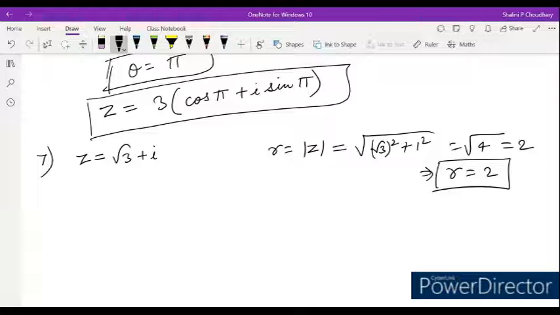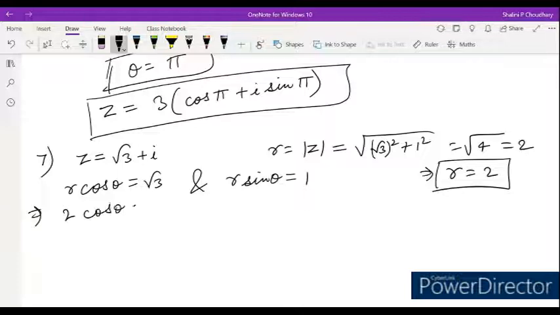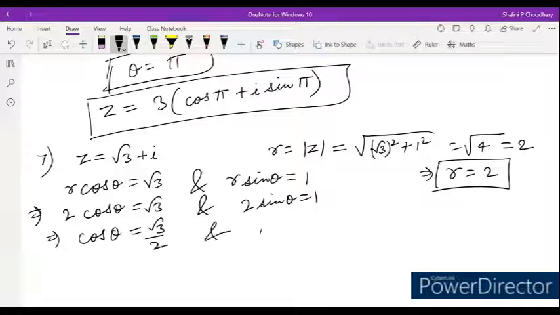Now r cos theta will be equal to root 3 and r sin theta will be equal to 1. r is equal to 2. So 2 cos theta will be equal to root 3 and 2 sin theta will be equal to 1. It means cos theta will be equal to root 3 upon 2 and sin theta will be equal to 1 upon 2.